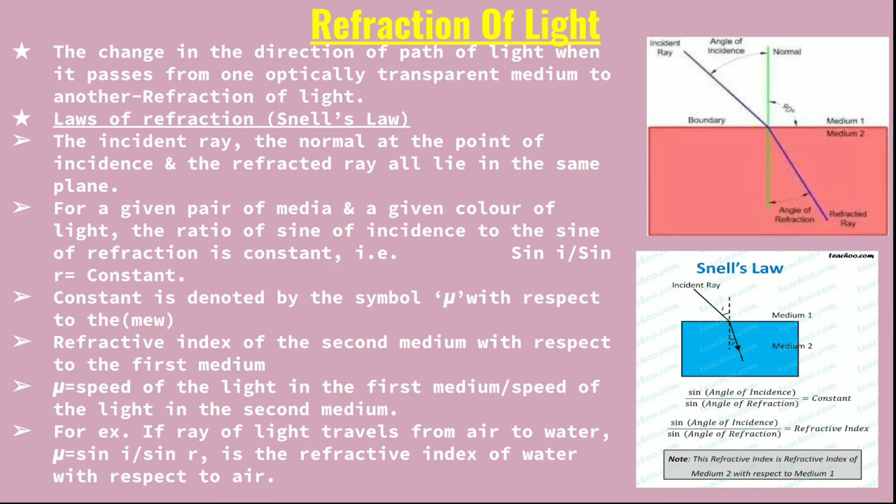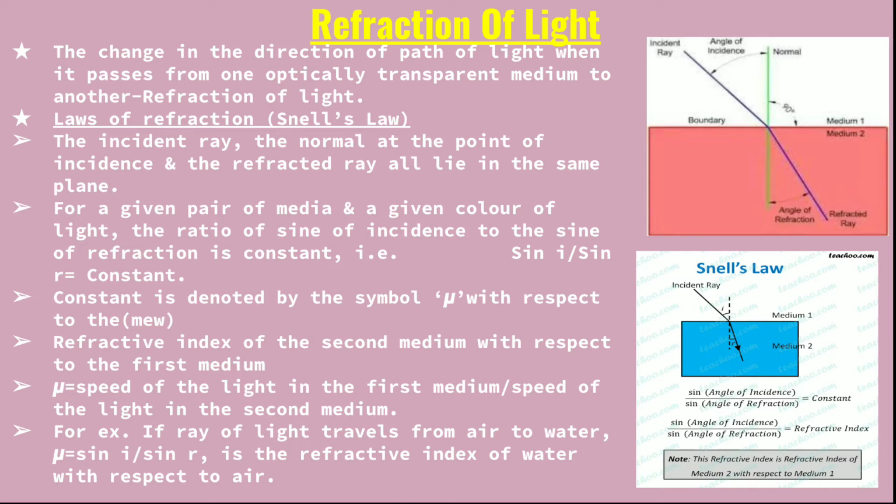I'll discuss what happens later on. First, let me tell you what the rules are. Now, the constant is denoted by the symbol mu. This is the refractive index of the second medium with respect to the first medium.